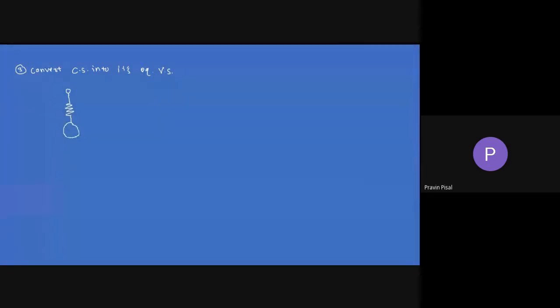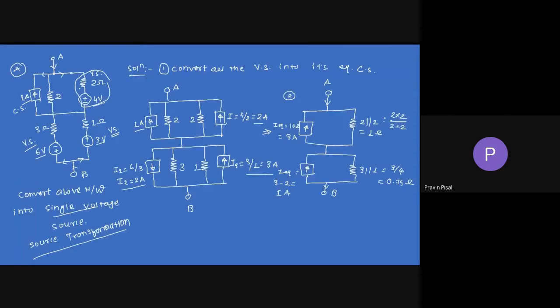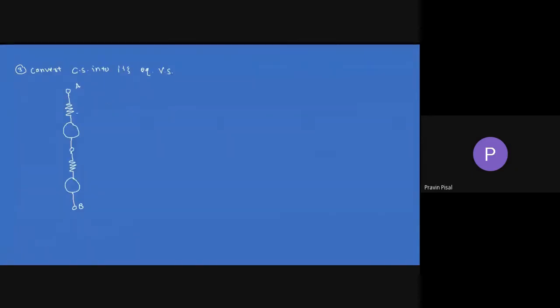This is the first current source. I will take the value by going up, and this will be the second. Right? So this is the B point, and this is the A point. Okay. So what is the value of resistance here? Here it is 1. Here it is 0.75. Okay. So I am taking the values: here this is 1, and this is 0.75.